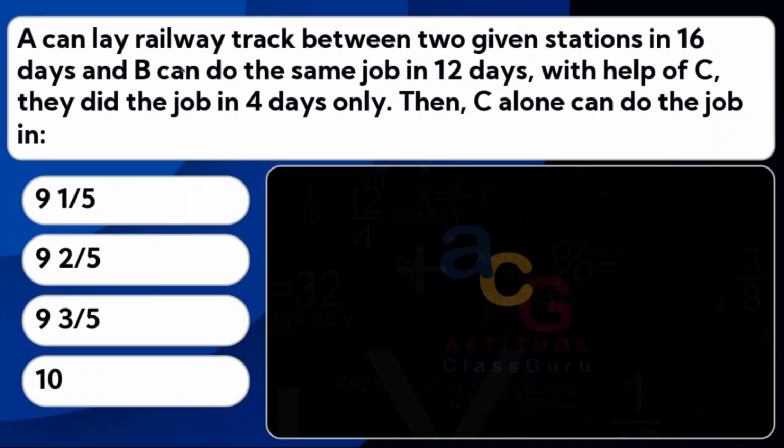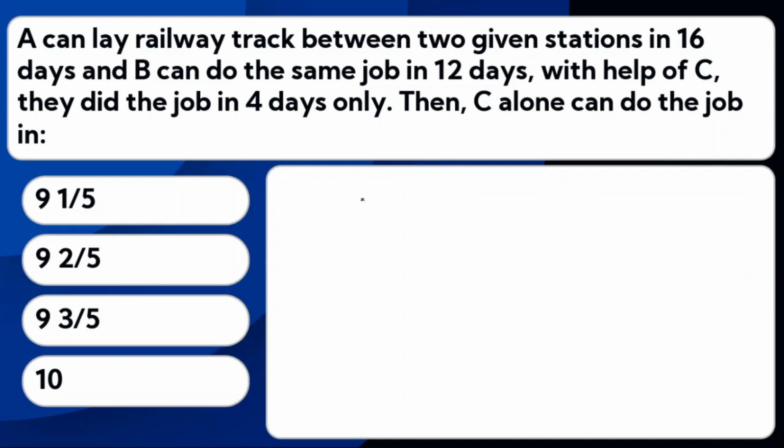A can lay a railway track between two given stations in 16 days. So per day he can lay 1/16th of the track. B can do the same job in 12 days, so per day B can do 1/12th. With the help of C, they did the job in 4 days.